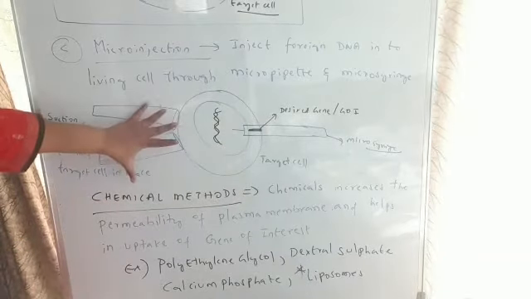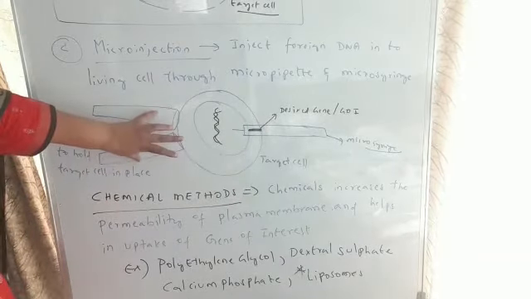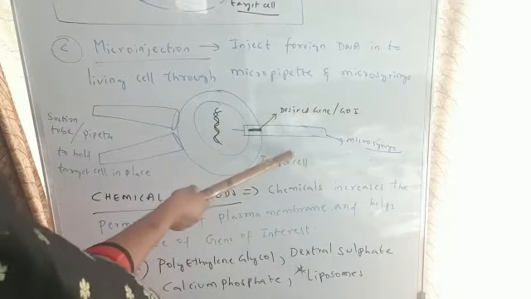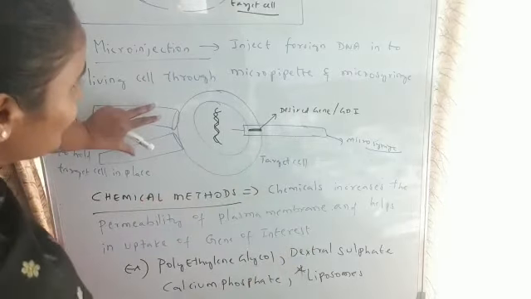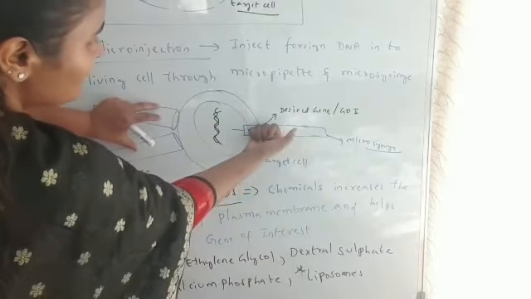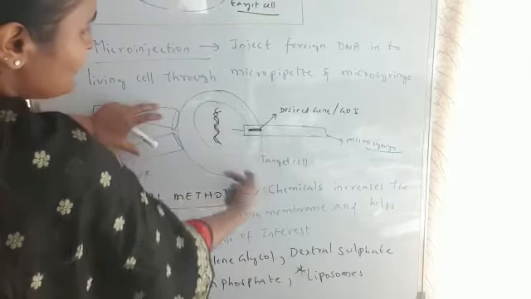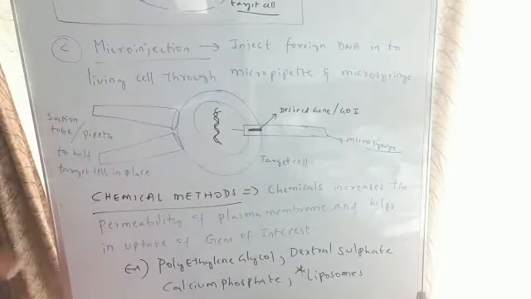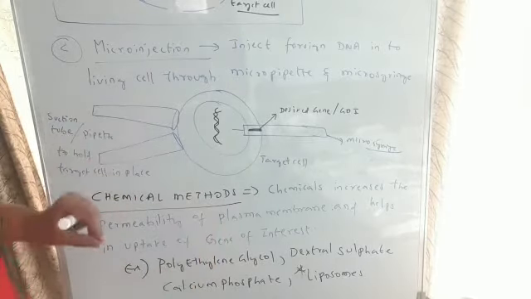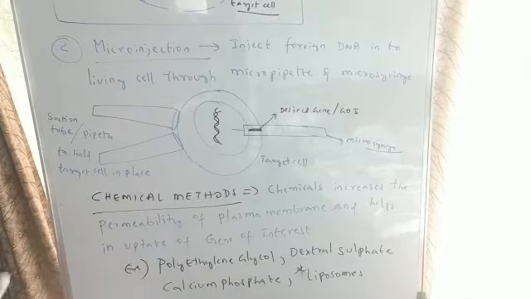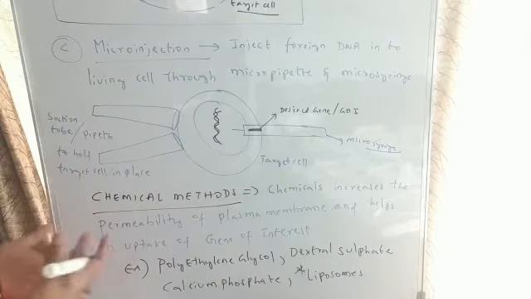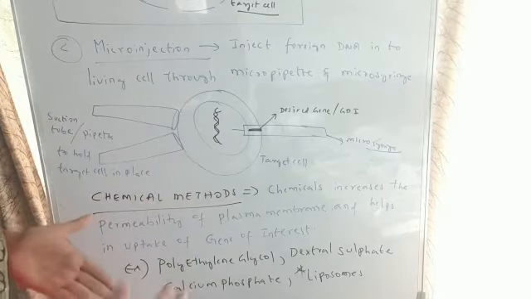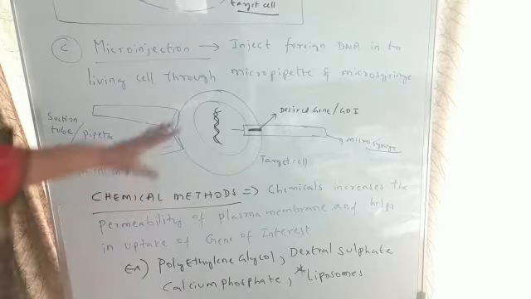While holding the cell with the suction pipettes, we inject the gene of interest directly into the target cell. This is a very complex and sophisticated process, so we carefully do it under the microscope. This microinjection is used for transferring the gene of interest into animal cells.